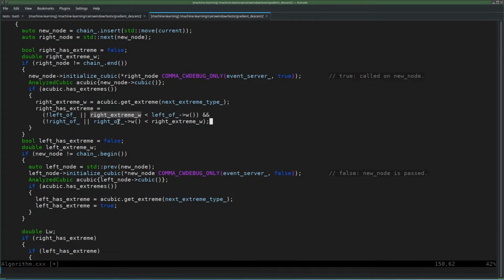That must be on the right of right off. Using that then makes that work magically.